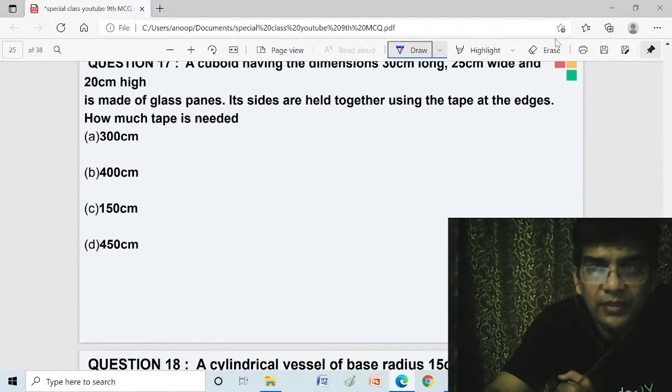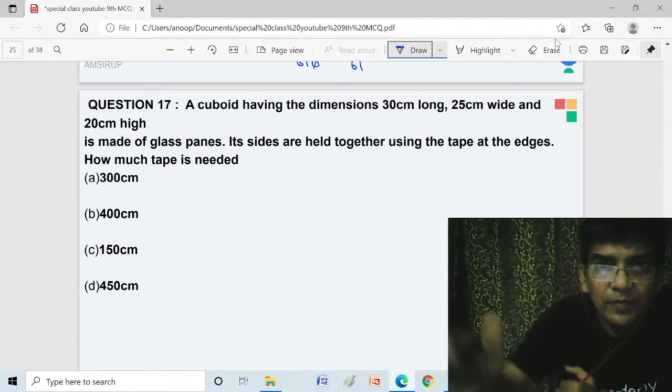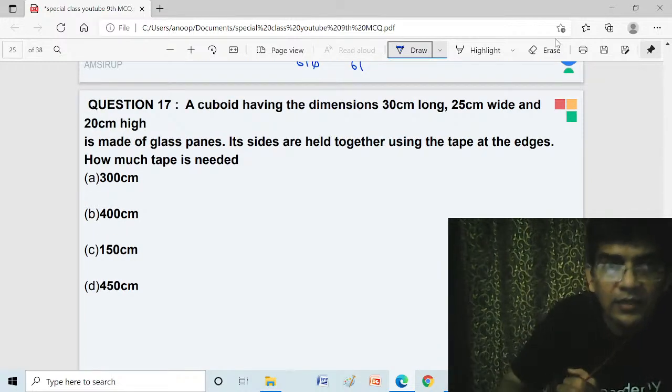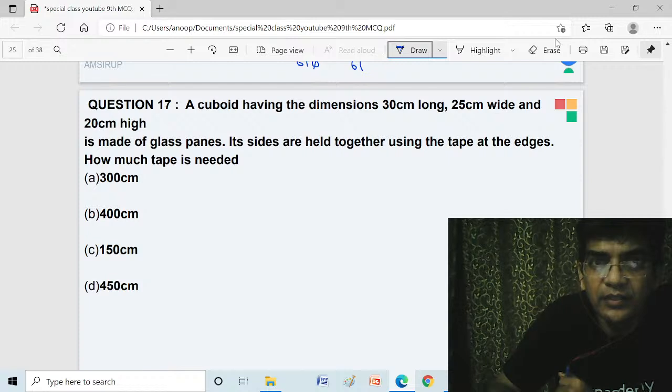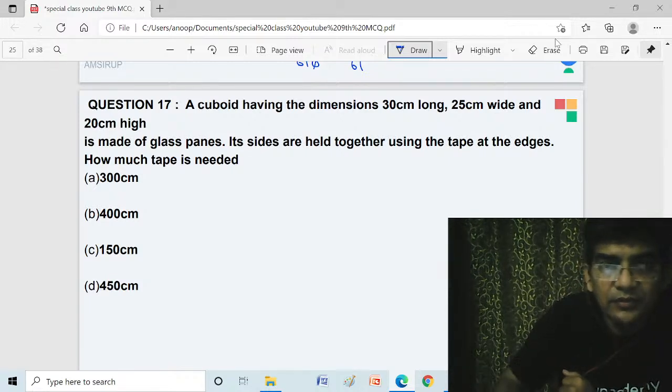And let's try this one. Now in question number 17, they are saying a cuboid having the dimensions 30, 25, and 20. So these are the length, breadth, and height given to us.